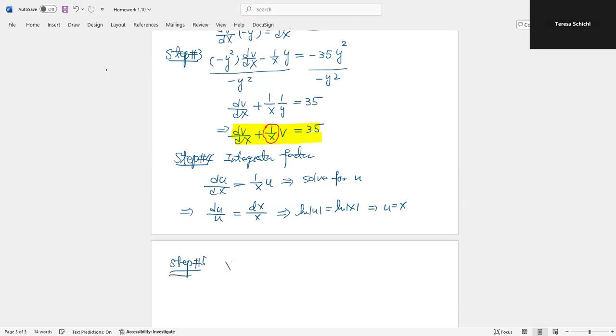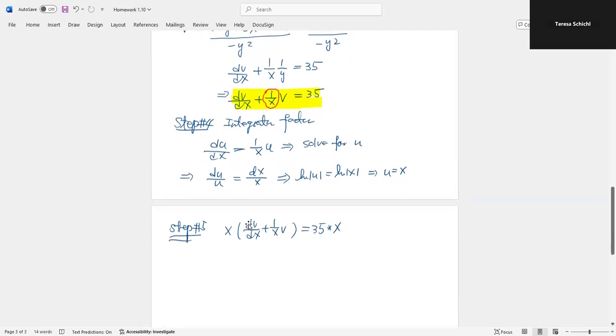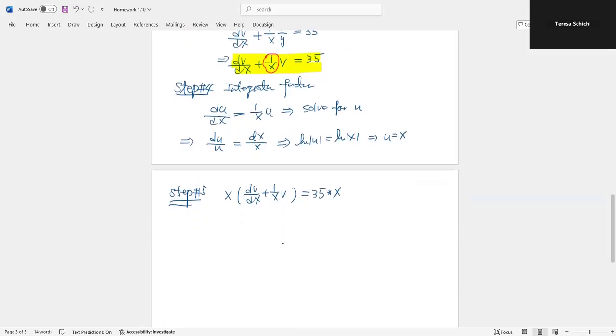So that means x times dv/dx plus 1 over x v is equal to 35 times x. I multiply x on both sides here. So this will give me x dv/dx plus v equal to 35x.